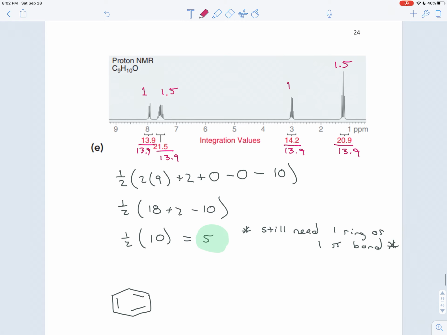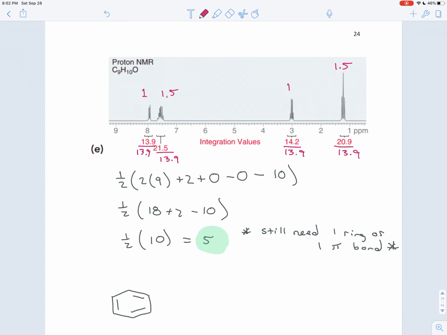So those are the relative values, but they're obviously not the absolute number of hydrogens, because you could never have 1.5 hydrogens. So we'll multiply these to get rid of the 0.5. That would turn them into 2, 3, 2, and 3.